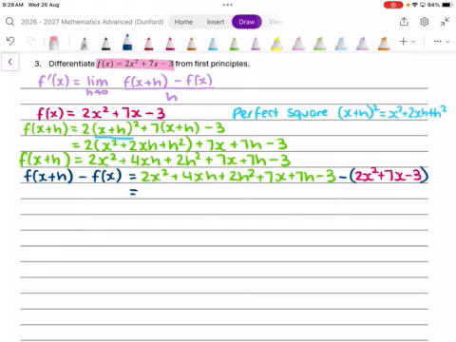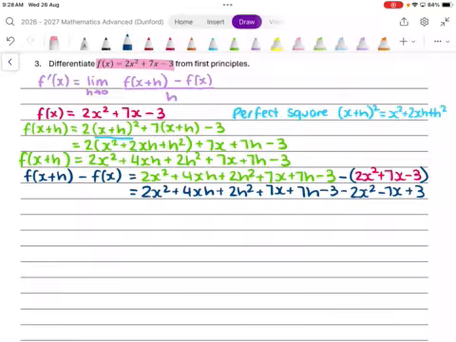So then this is equal to 2x squared plus 4xh plus 2h squared plus 7x plus 7h minus 3 minus 2x squared minus 7x plus 3.